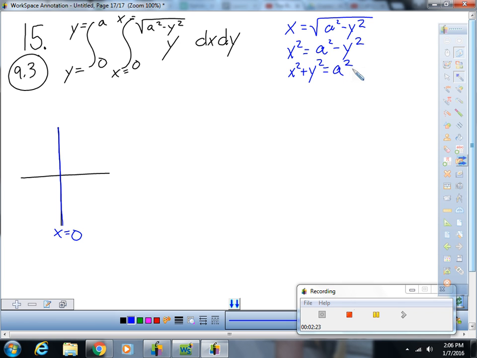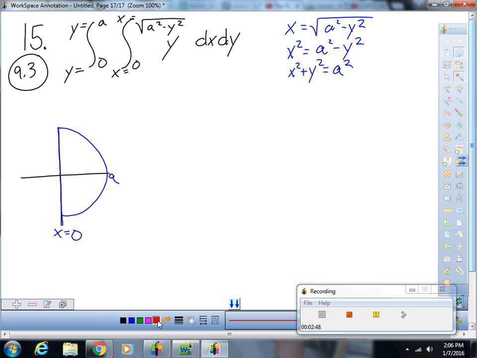It is a circle with radius a, but it's actually not a circle because we only got the positive side of it. So this isn't negative here, so it's just going to be that. Can you follow that? And this right here is the point a comma 0. So far so good?